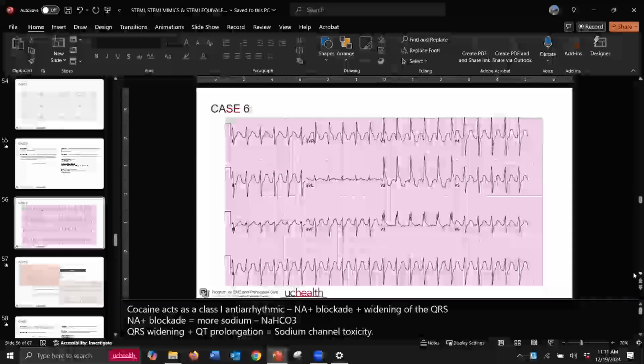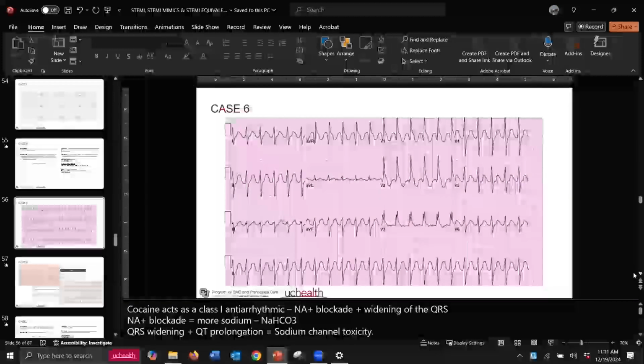Yes, and it's a wide QRS complex, isn't it? It's really tachycardic. Remember we talked about sodium channel stuff? Cocaine's a very potent sodium channel blocker.